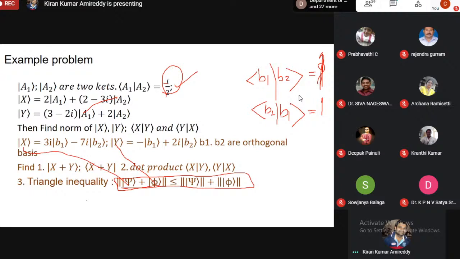Then this can be the norm of x, this can be the norm of y. So anybody done this? What is this value?